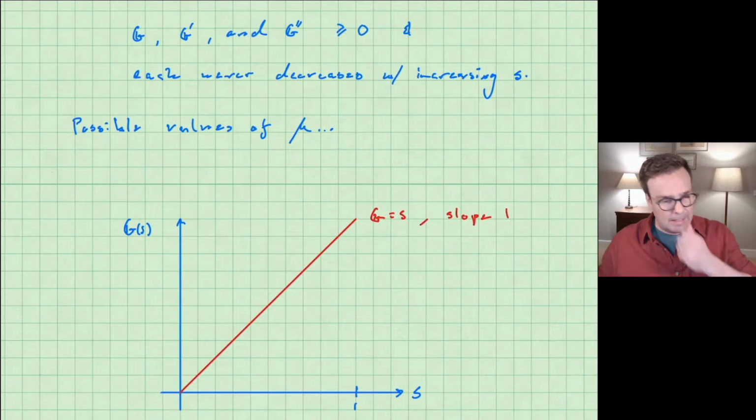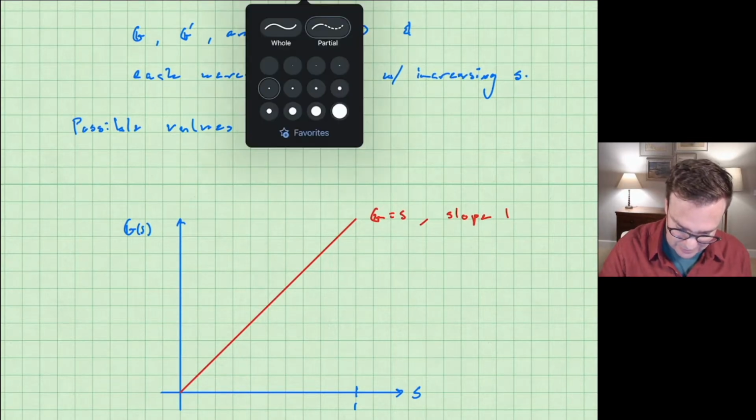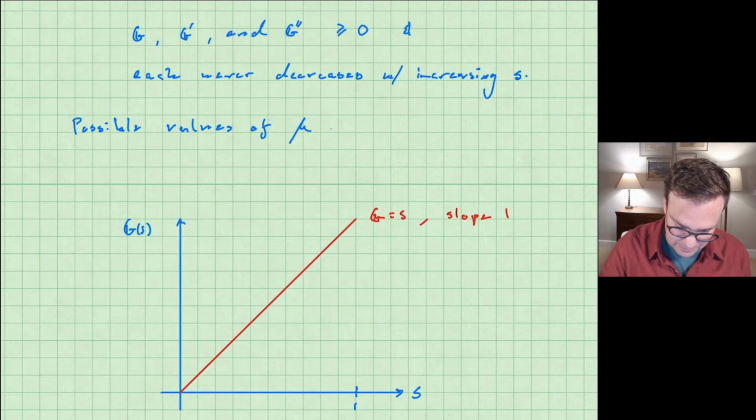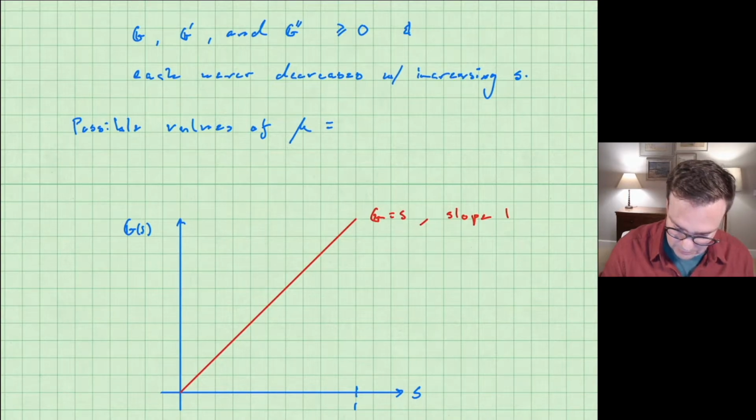And remember, I want to remind you that mu is G prime evaluated at 1. So it's the slope when G reaches 1.